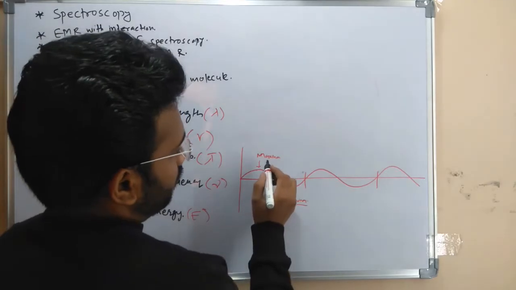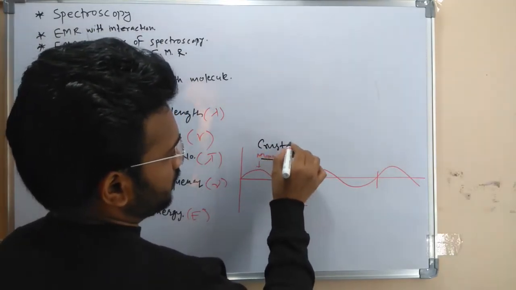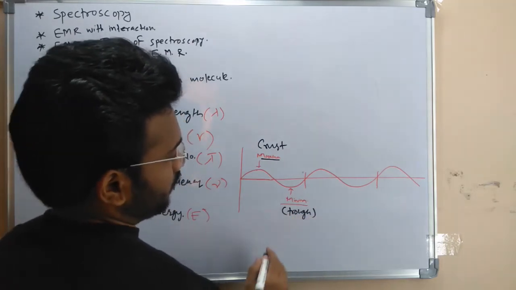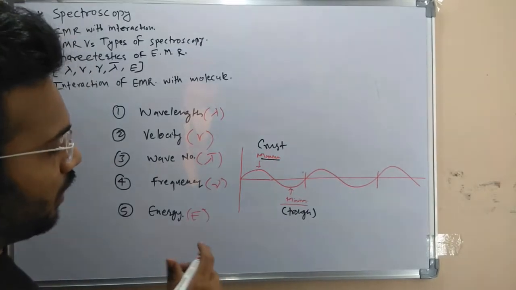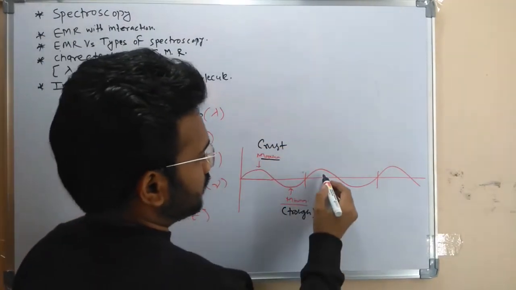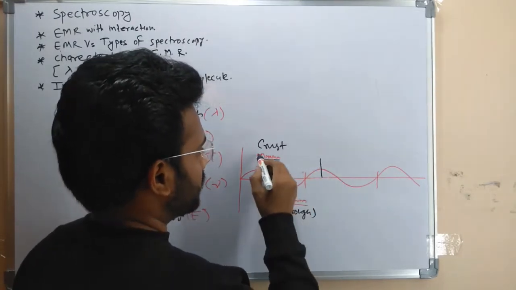The upper part, maxima, we also call a crest, or the lower part we also call a trough. So I want to tell you the meaning of wavelength. This is the second maxima.